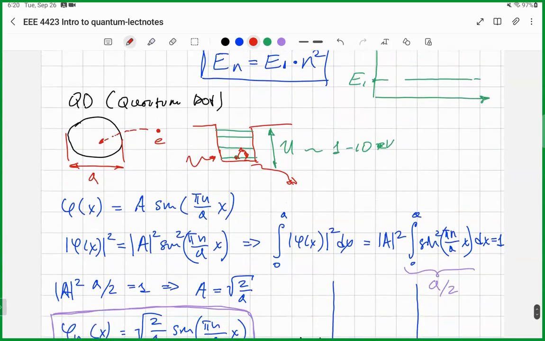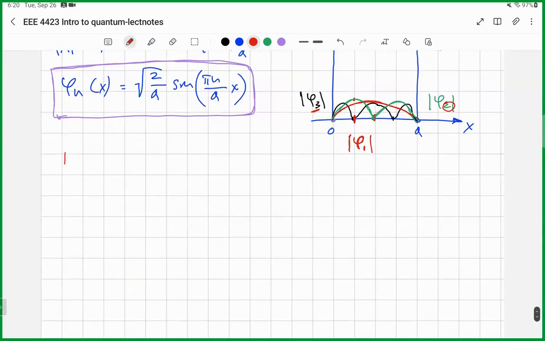So if we reduce the size of the well, to a smaller structure, the energy goes up, so the energy gets increased.